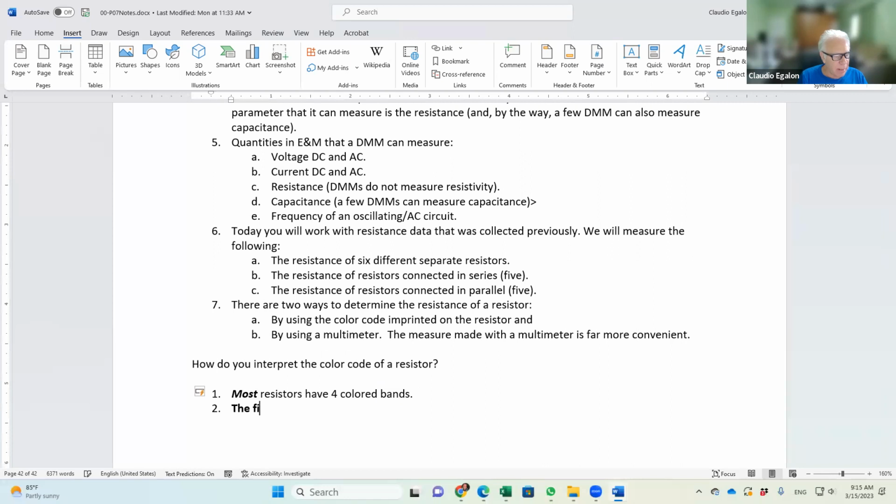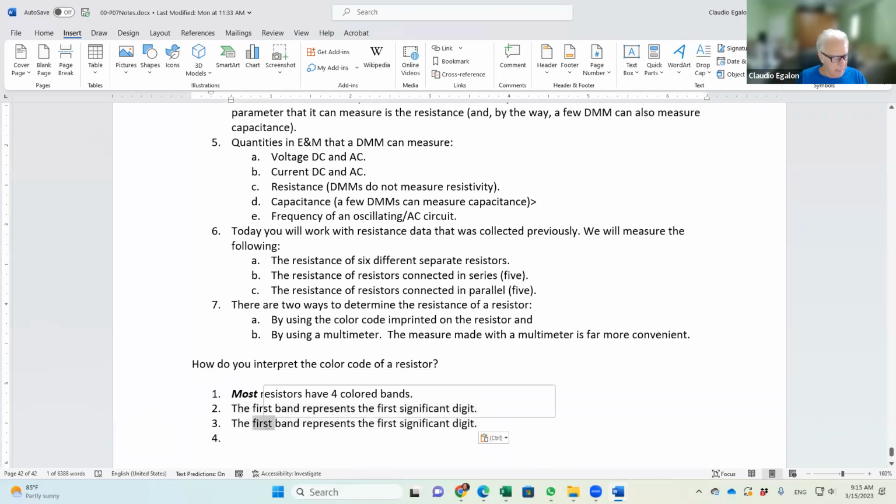The first band represents the first significant digit. The second band represents the second significant digit.